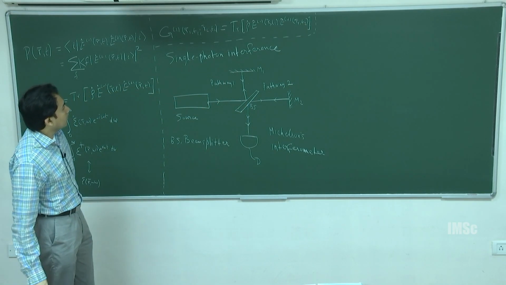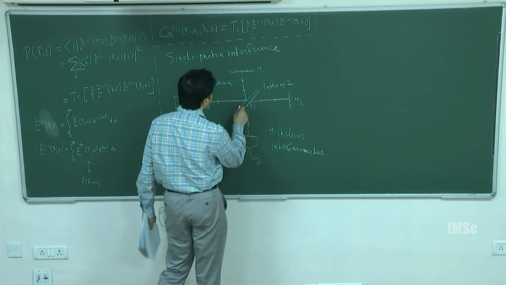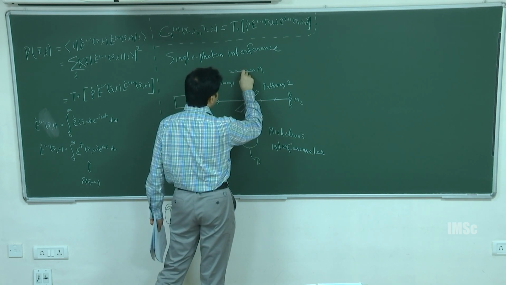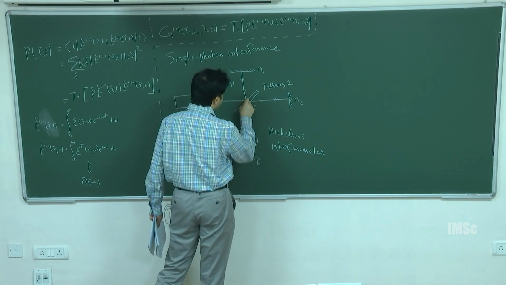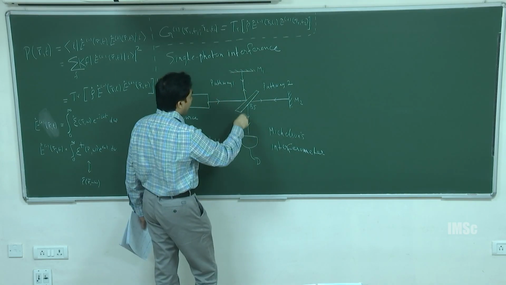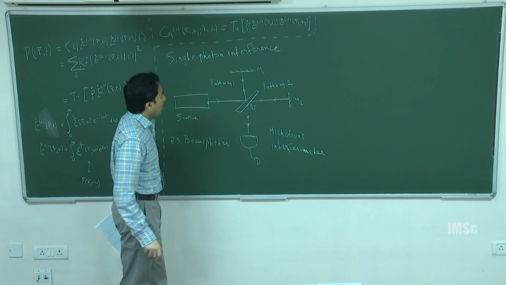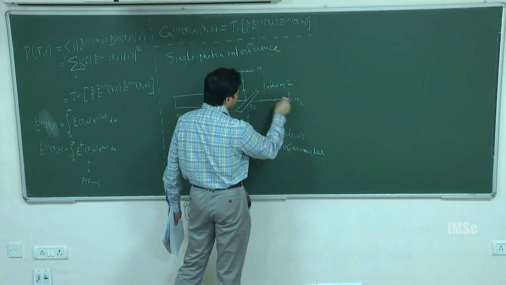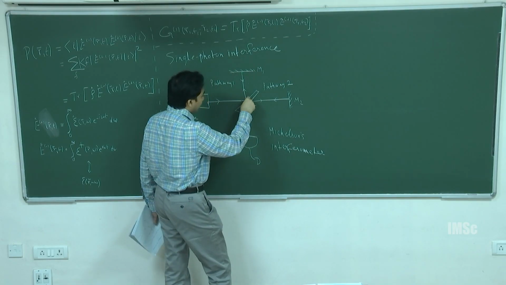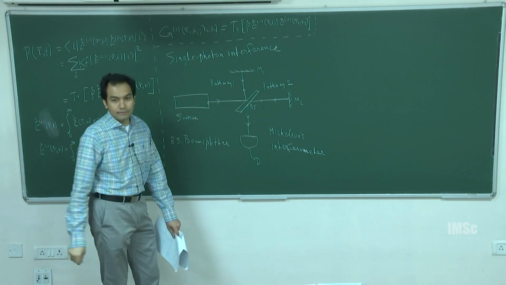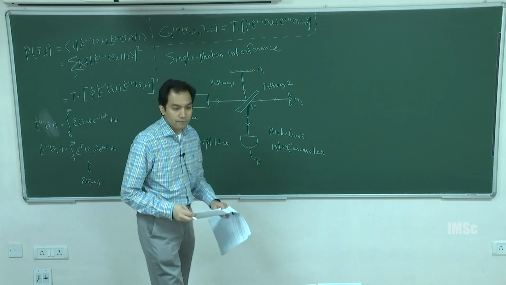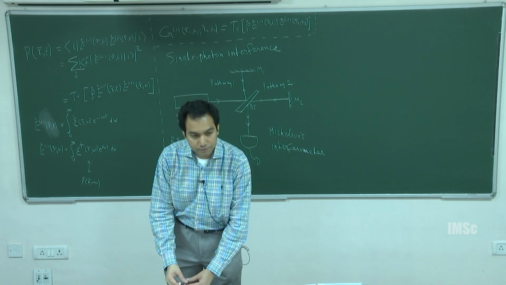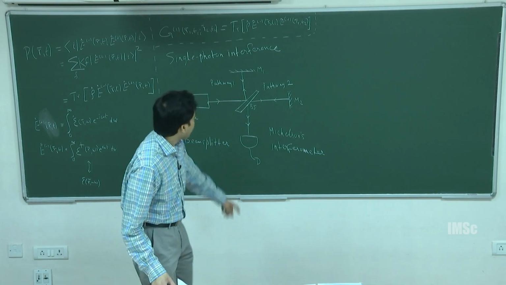Either the photon will get reflected at the beam splitter, hit this mirror, and then pass through this beam splitter again on its back pass and reach the detector, or it will get transmitted through the beam splitter, hit this mirror, get reflected here, once again get reflected at the beam splitter, and reach the detector. So the photon has two possible alternatives to choose in order to get detected, right?